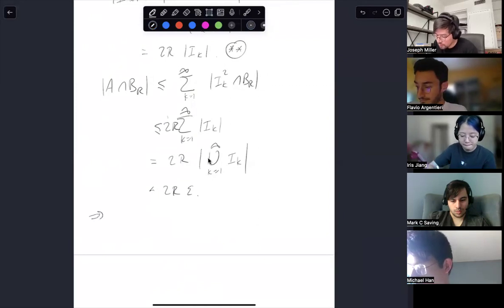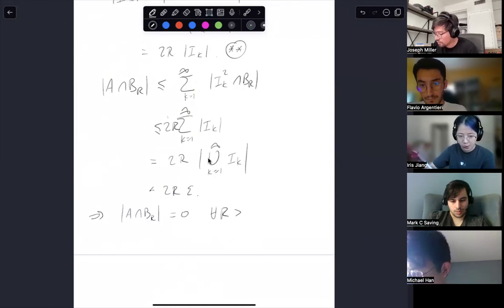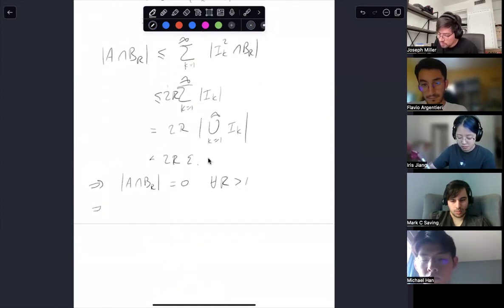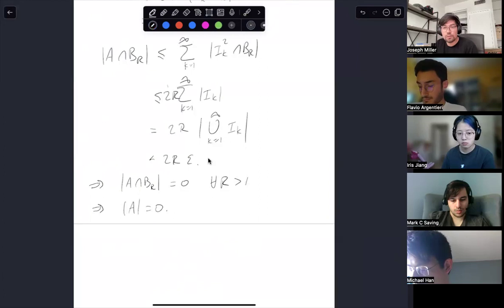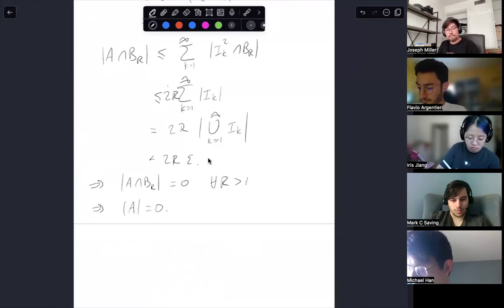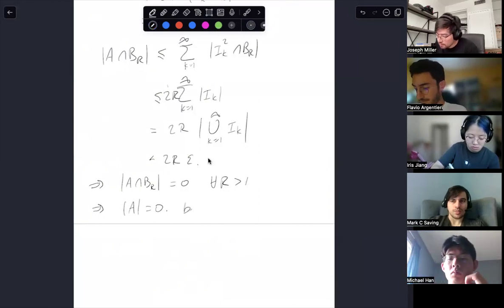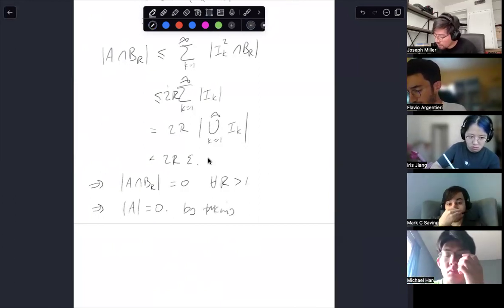So when I take epsilon to 0, A intersect Br is equal to 0. And this happens for any r, say greater than 1. What this implies is if I take a sequence of r's, I use the monotonicity of measure again to say that A actually has to be measure 0, by taking r to infinity.